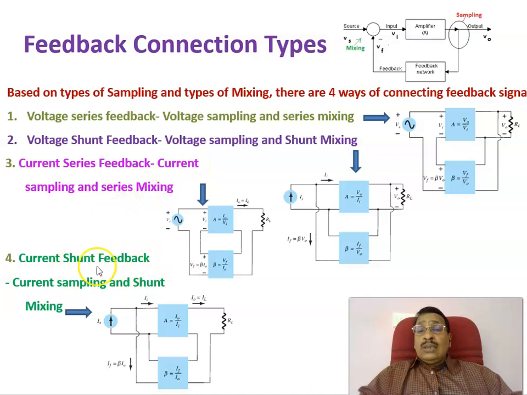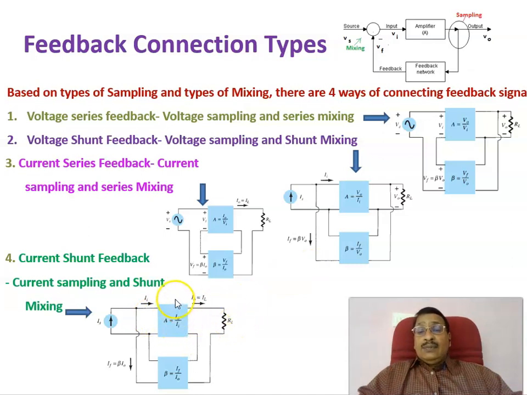And the last one is current shunt feedback. In this case, from the output we are sensing the current. Therefore, the sampling is current and the mixing at the input side is also current. Current sampling and shunt mixing. Shunt mixing means current is mixing. Therefore, the input of this amplifier is current and the output is also current, so this is the current gain AI.